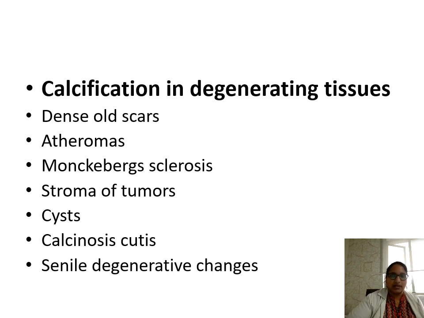So calcification can be in the dead tissues, like liquefactive necrosis, caseous necrosis, fat necrosis, hematomas, infarcts or dead parasites, or in the degenerating tissues like dense old scars, atheromas, Monckeberg's medial calcific sclerosis, stroma of some tumors or cysts, calcinosis cutis, and senile degenerative changes.